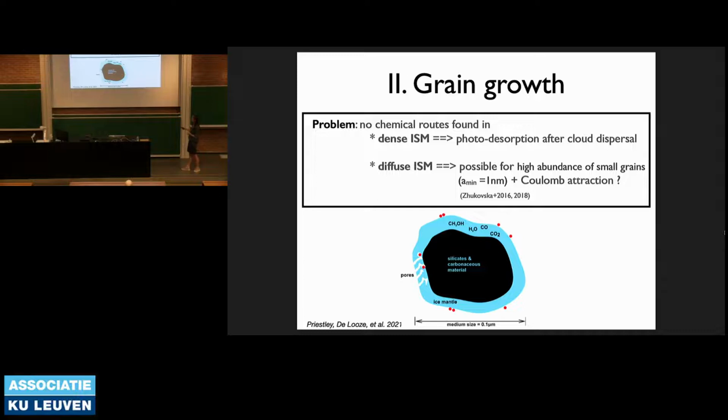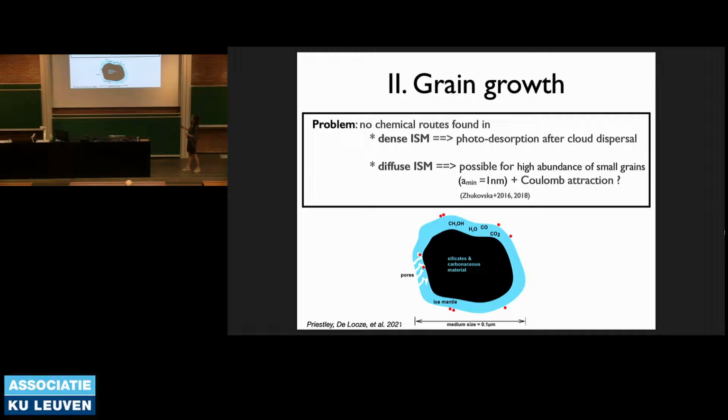Then there have been some claims that you can get dust formation in diffuse ISM clouds. With diffuse, I mean then densities of around 30 per centimeter cubed, more or less, so not very dense regions, more diffuse regions.